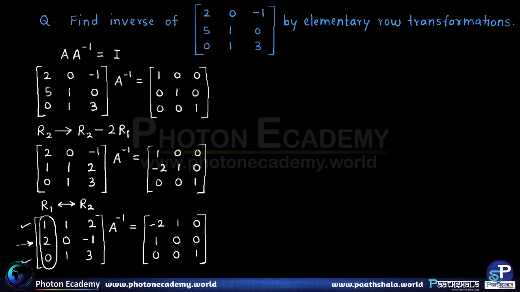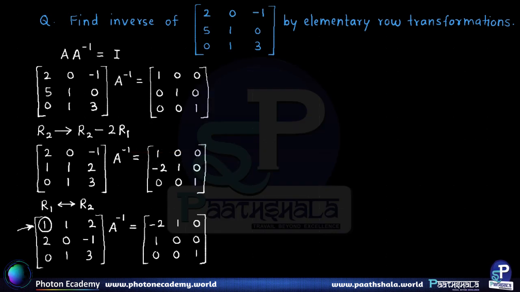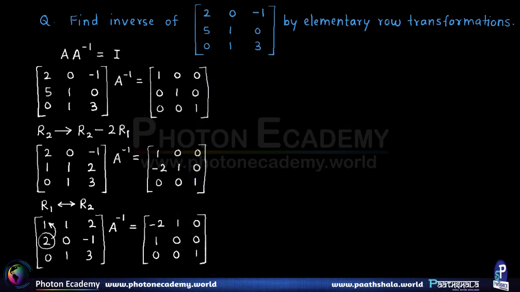Now the reason that we try to bring the element 1 first in the column is that with the help of that one we can change the remaining elements to 0. So we have to take the help of this particular one to transform the 2 to 0, and it is not difficult to see that if from the second row we subtract twice the first row, then we will get 0 in place of 2.